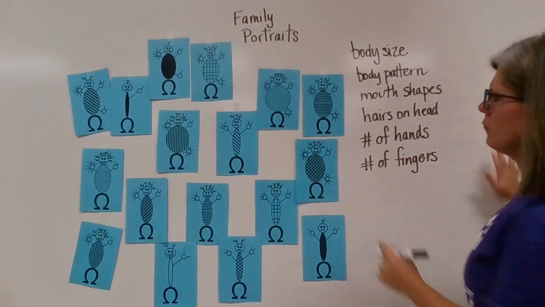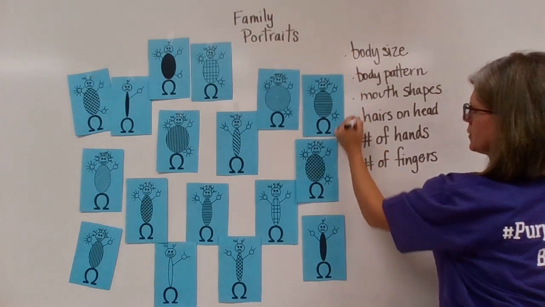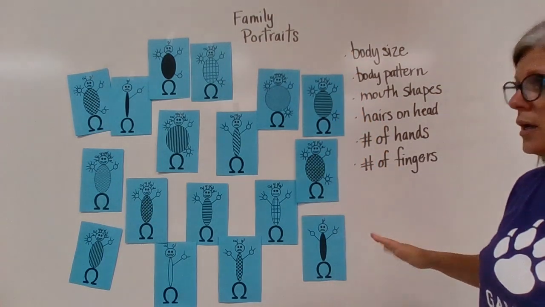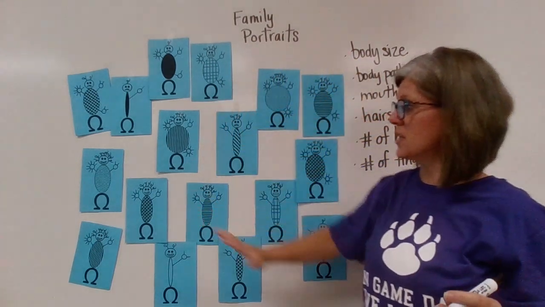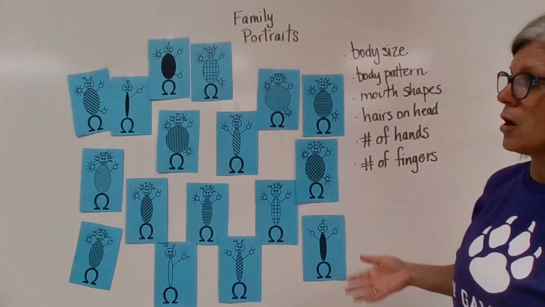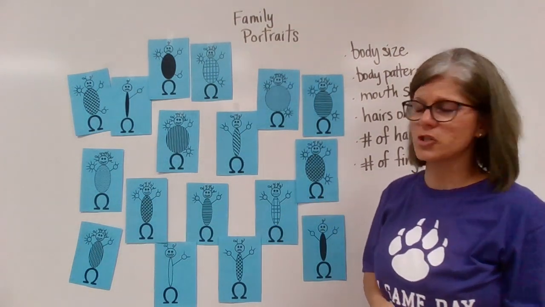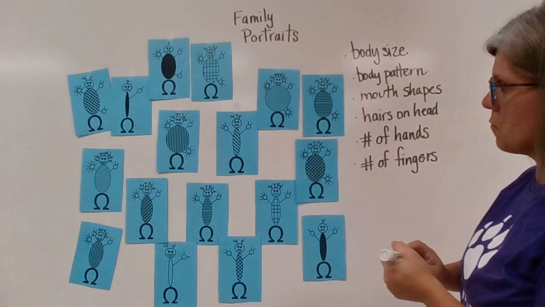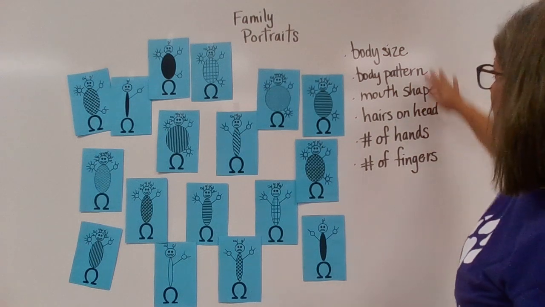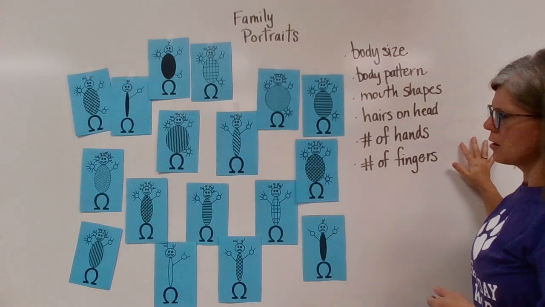Now, with these characteristics, what we can hopefully do is put these family members in a specific order, the way that grandmother would like to go ahead and do her collage. We can pick any of these characteristics to start.